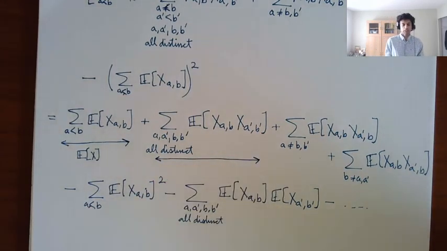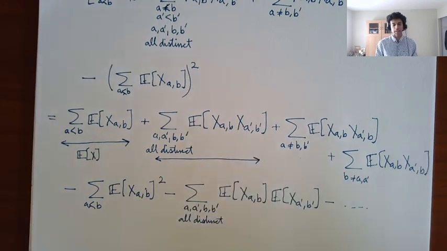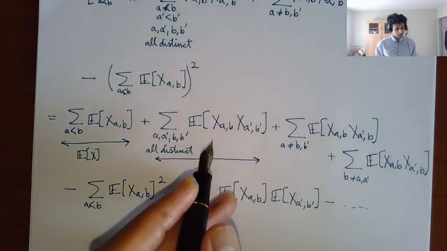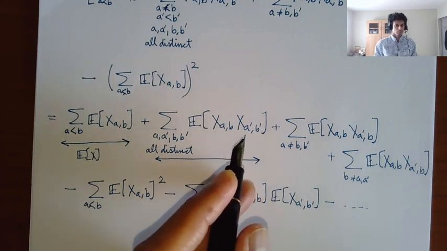What can you say about this term? What can you say about XAB and XA prime B prime when A, A prime, B and B prime are all distinct? What can you say about these two random variables? Are they dependent?